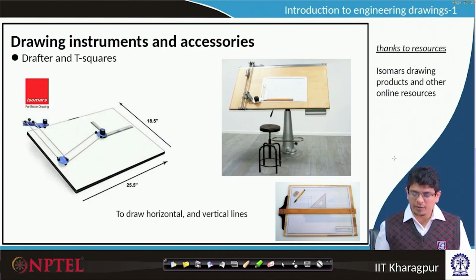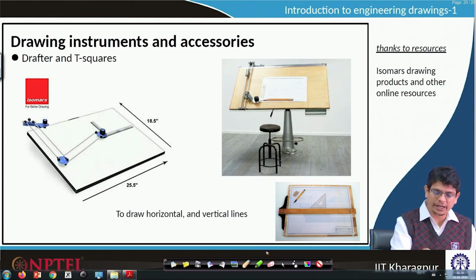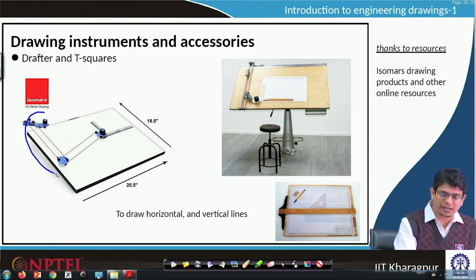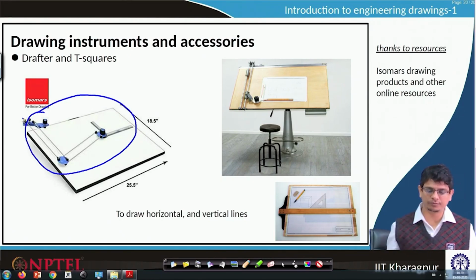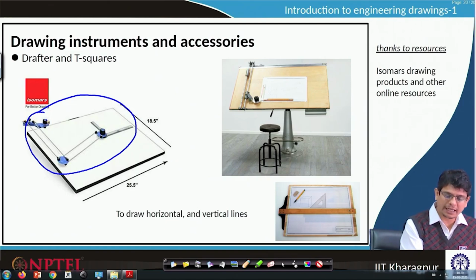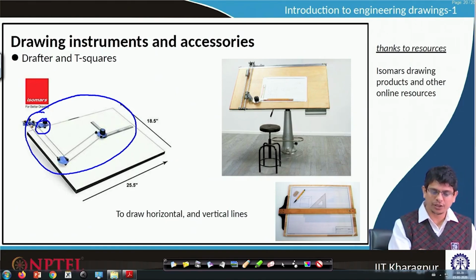Next to the drawing table, we require a drafter or a T-square for drawing lines. For example, here a mechanical drafter has been shown. This is the clamp through which you will fix the drafter to the drawing board.